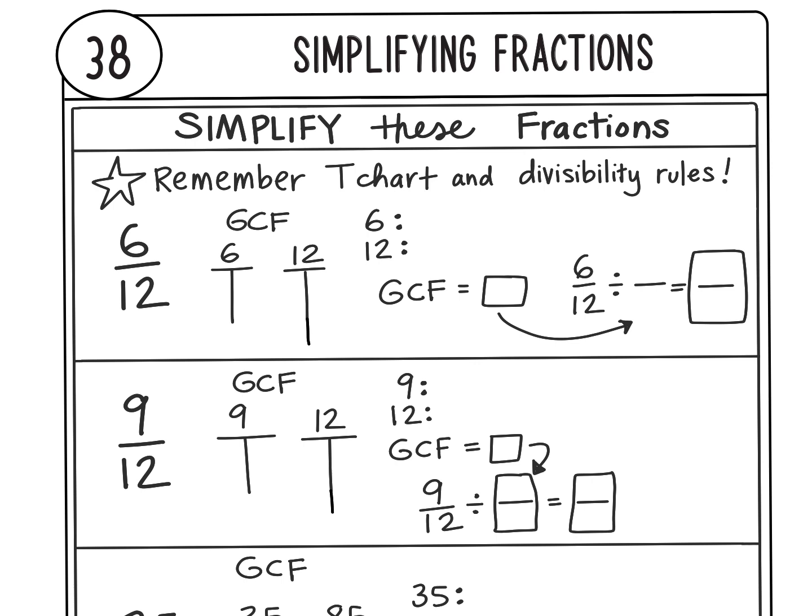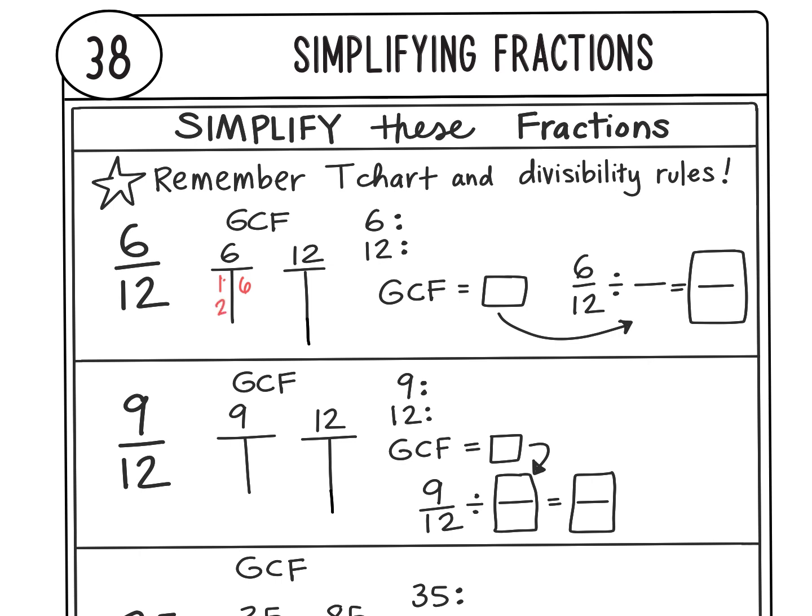Okay. First thing that we're going to do, if I want to simplify 6/12, I'm going to look for a greatest common factor that 6 and 12 both share. So I'm going to do a t-chart for both my numerator and denominator, and I'm going to list out my factor pairs. Remember, I always start with 1 and the product itself, which is 6.